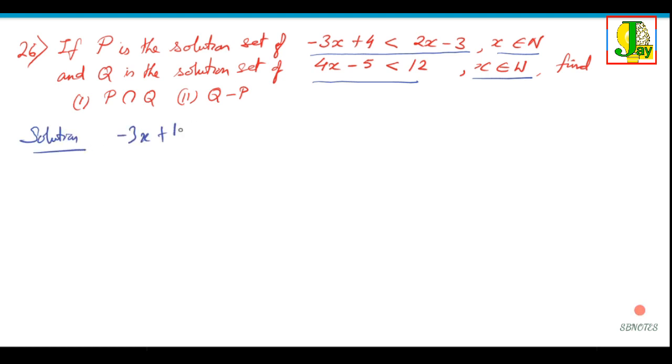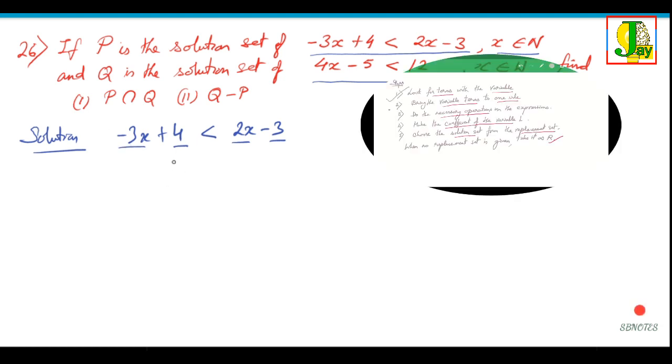We have minus 3x plus 4 less than 2x minus 3. We have x terms on both sides, and the one which is smaller with the variable is minus 3x, so we'll transpose this one.